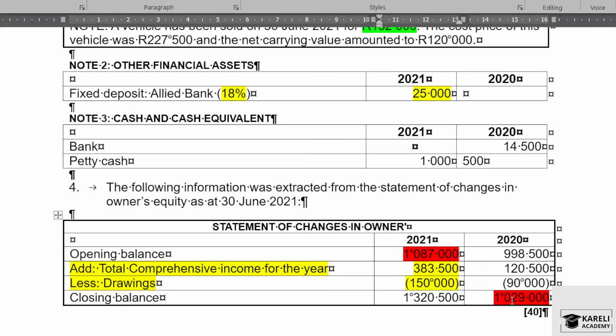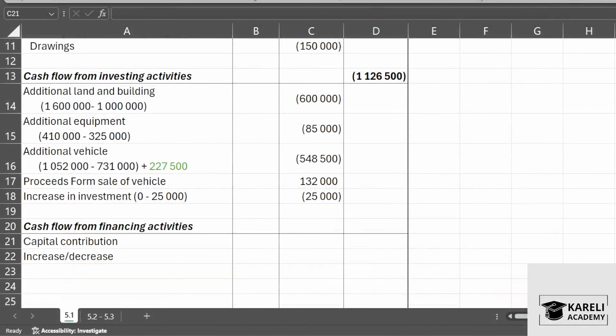Therefore, you will take the closing balance for 2020, the closing balance for the previous year. How much was it?